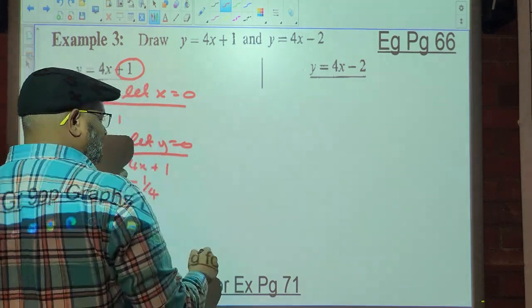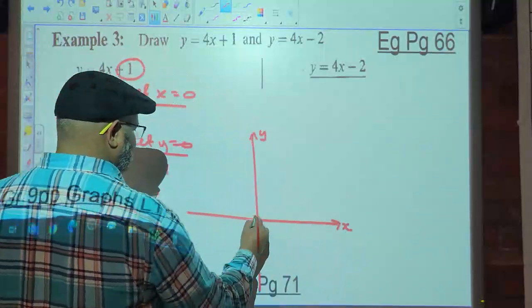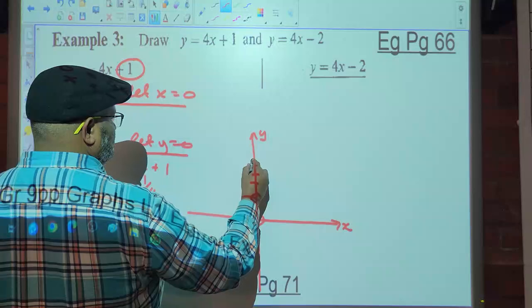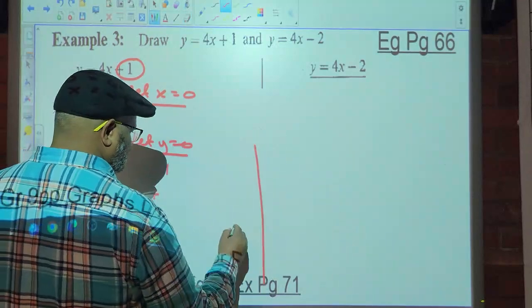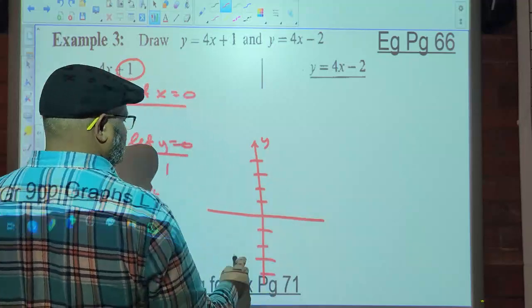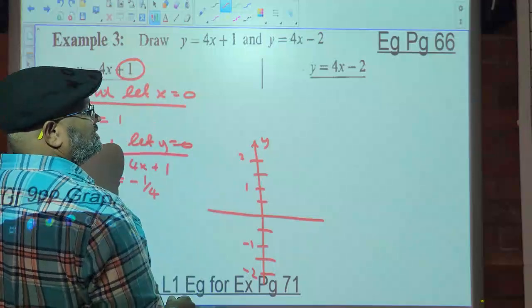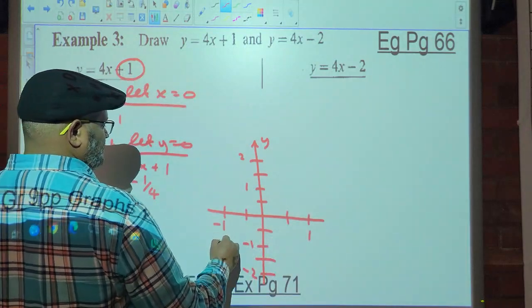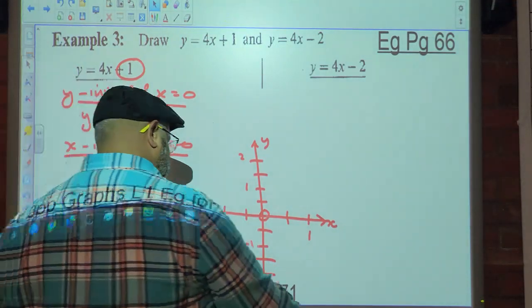Okay? If we draw that graph, y and x. So y is 1. So we will draw this graph.